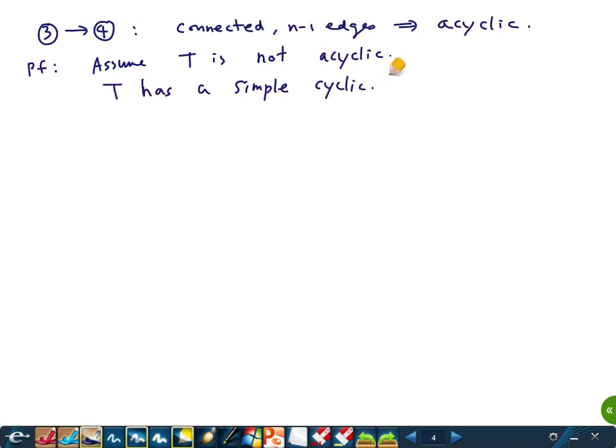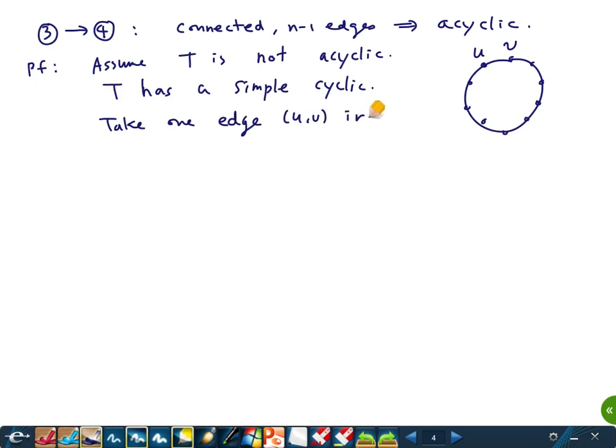Okay? So a cycle like that. If it's not simple, you can just remove some edges or vertices, and you will get a simple cycle. So let's consider two adjacent vertices. Take one edge, say uv, in the cycle, like this.